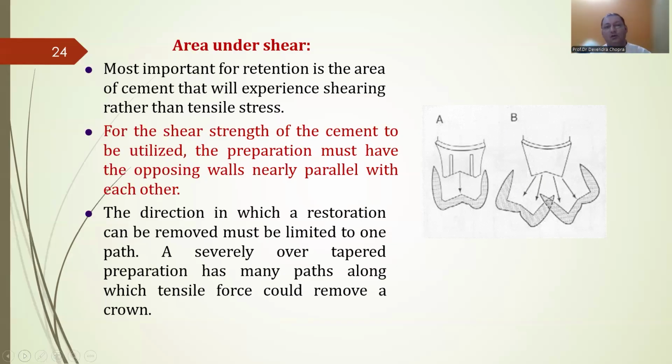The schematic shows over convergence. So what is going to lead? Again, multiple paths of insertion, and your crown is going to be loose, whatever cement you use. If you fix it with Fevikwik, that is altogether a different thing, but you cannot use Fevikwik intraorally. You have to go with either GICs, glass ionomer cements, or resin glass ionomer cement. So shear is something really important. Okay, next slide.